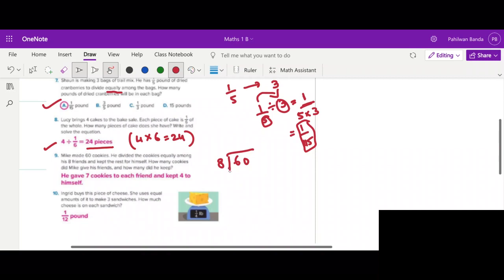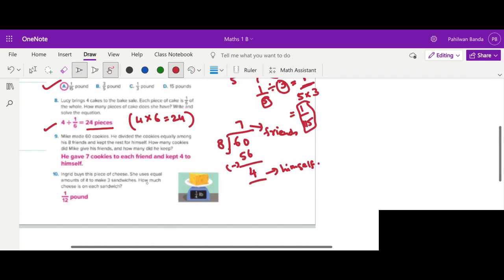He's equally dividing among 8 friends. 8 times 7 is how much? 56. And the remainder is how much? 4. So 7 cookies to each friend and 4 to himself, the remainder. So 60 divided by 8 is like this. Now the next one.